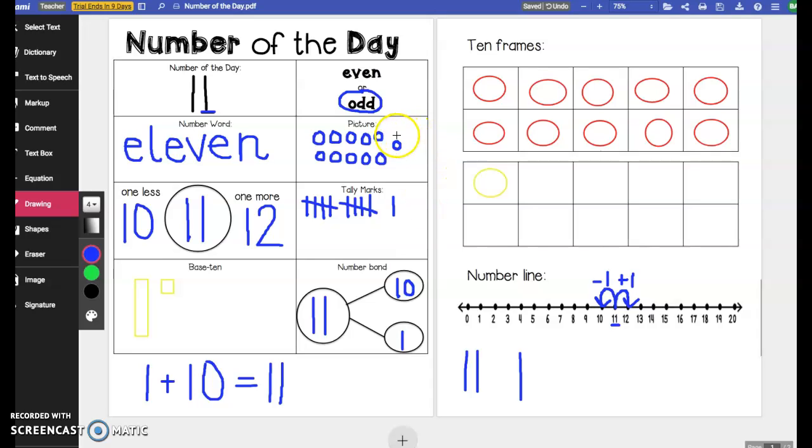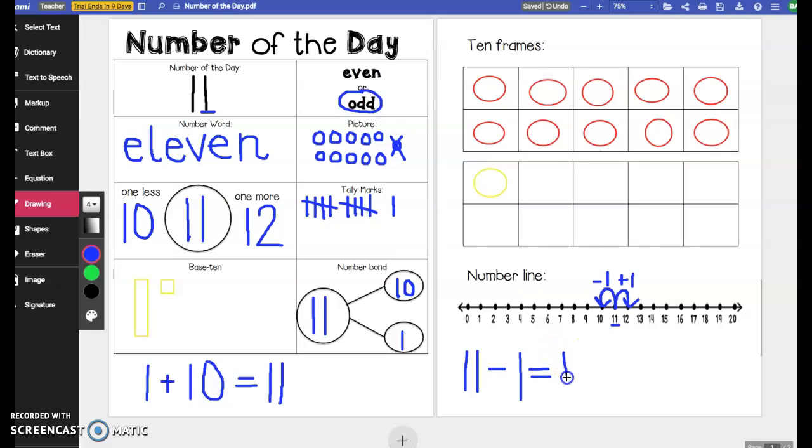I'm separating, right? So I'm going to mark out 1. I drew my picture. This was 11 circles. That's my whole. 1 flew away, so I'm going to subtract. I know I'm separating, right? But so now how many do I have left? 1, 2, 3, 4, 5, 6, 7, 8, 9, 10.